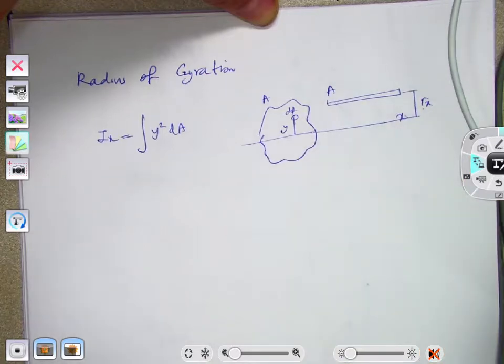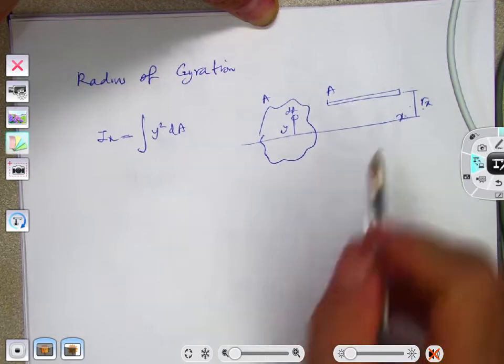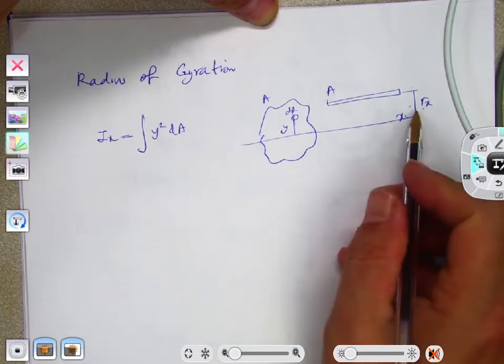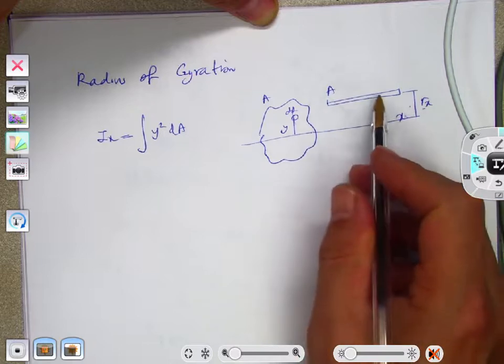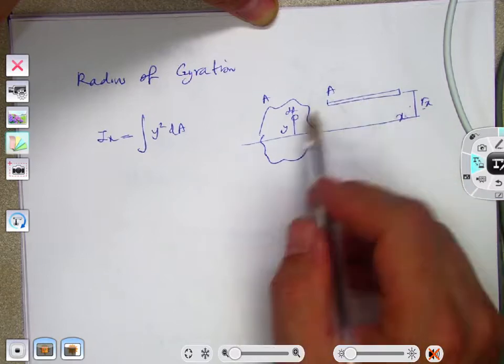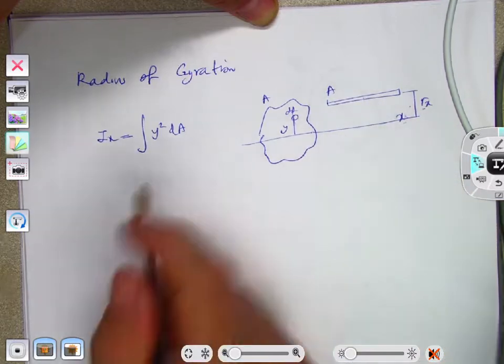I want to see if it's possible to find an Rx that gives us the same moment of inertia about the x-axis.